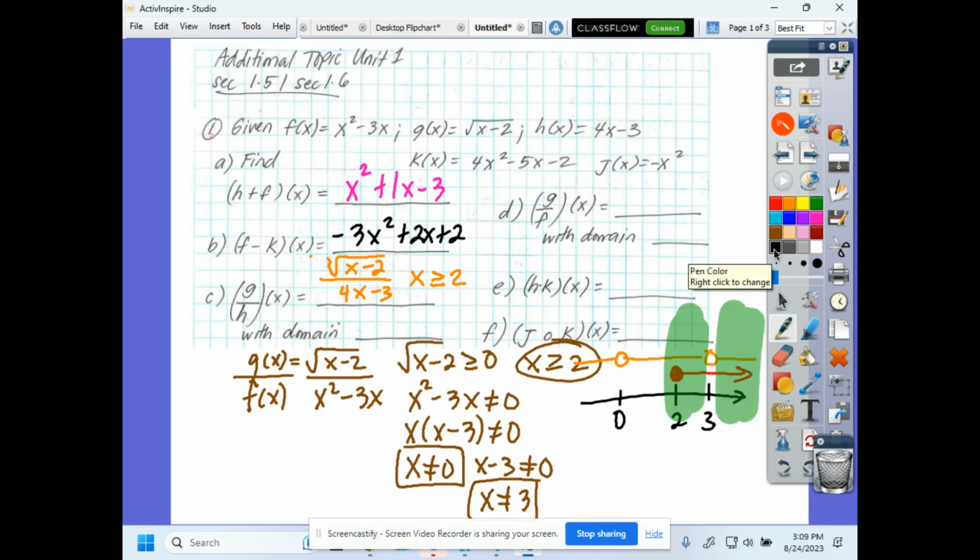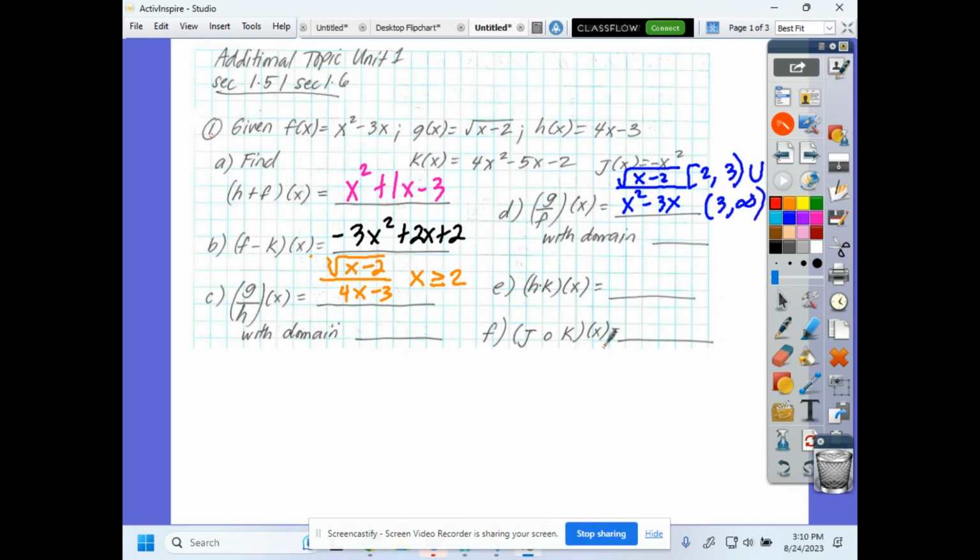So the answer for letter D would be the square root of x minus 2 over x squared minus 3x, but the restriction must be from 2 to 3, parenthesis, union, parenthesis 3 to infinity.